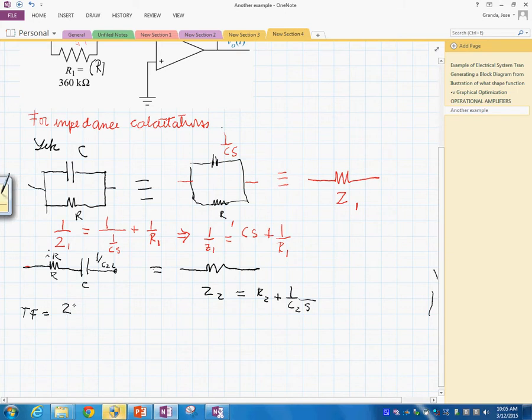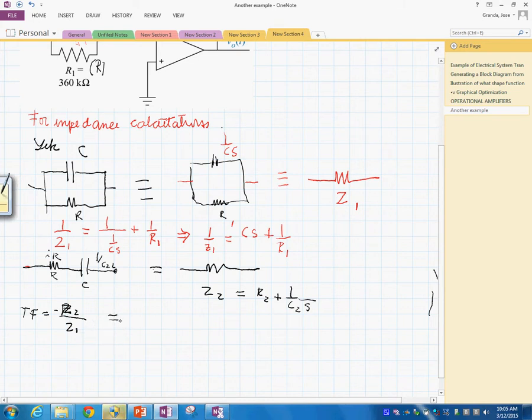The transfer function is minus R2 over Z1, Z2 over Z1.